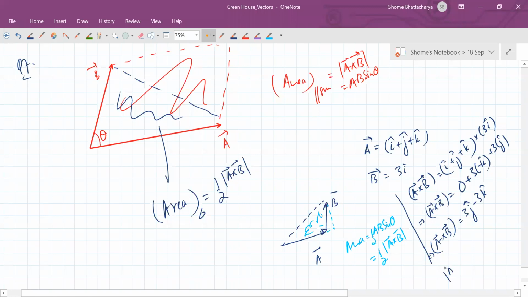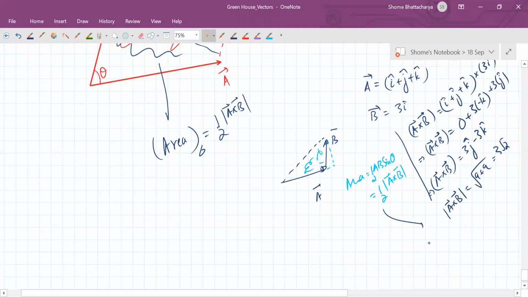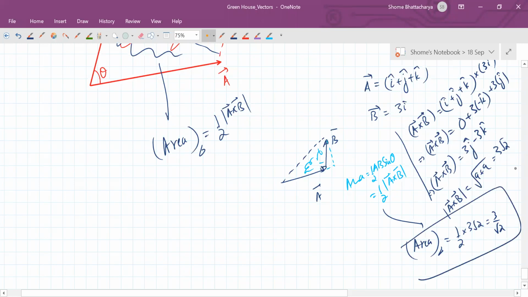So mod of A cross B is 3 root 2. So now the area of the triangle will come as half of that, so 3 by root 2. That should be the answer.